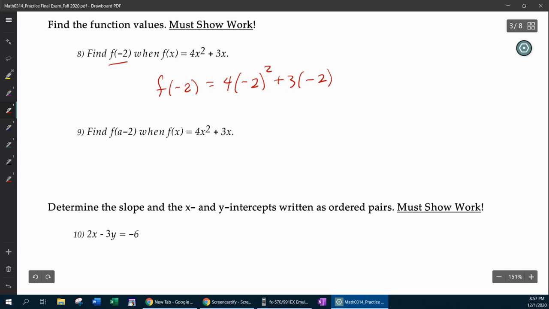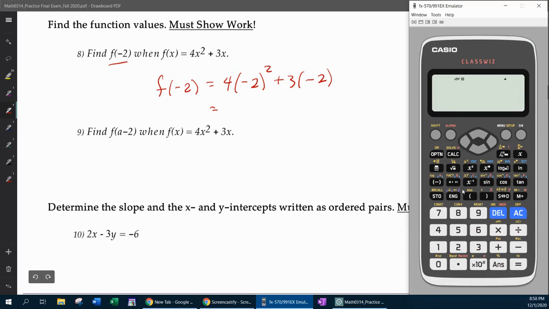And when you substitute -2 in for the x's, it needs to go in parentheses. And then to work that out, instead of doing this manually, I recommend doing it electronically. So much easier to input this with the calculator and let it do the manual labor for you.